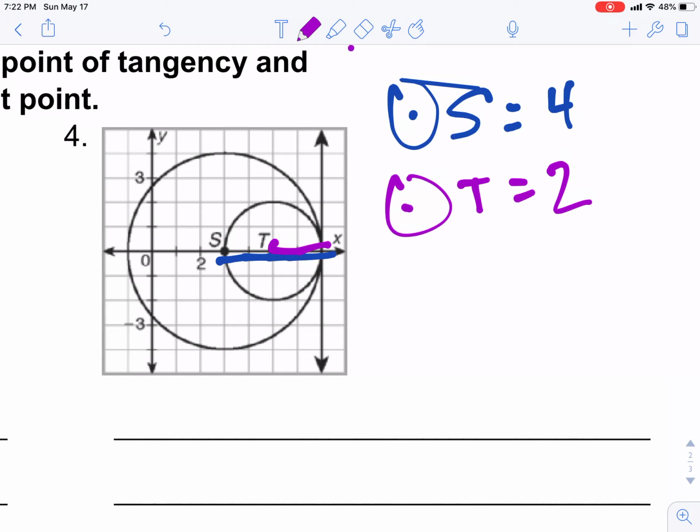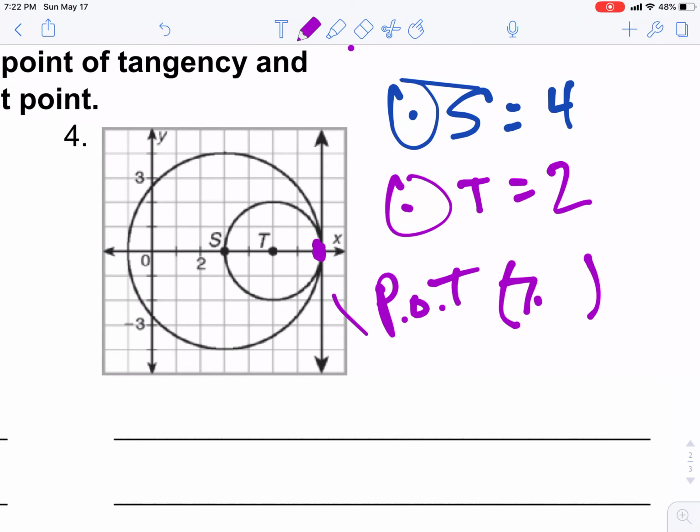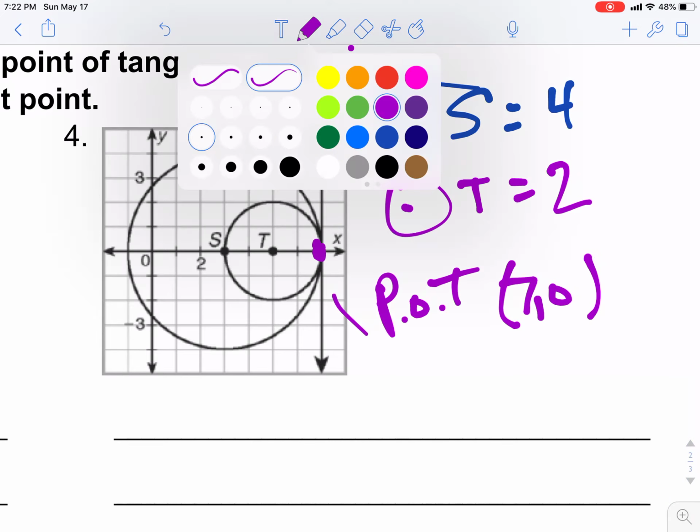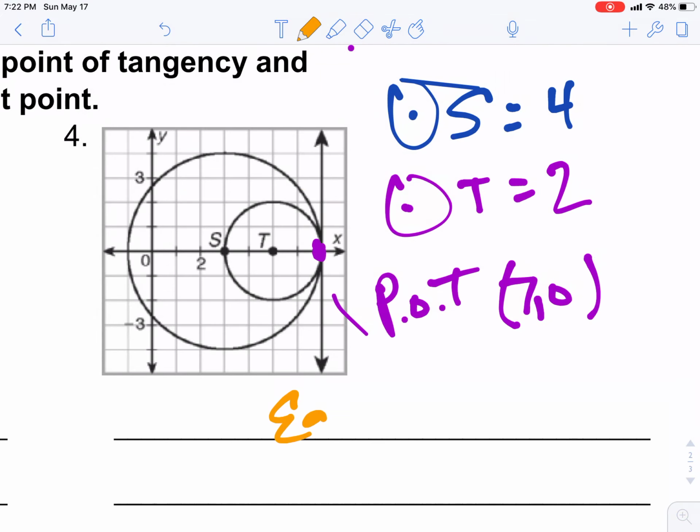All right, point of tangency is right here. So we'll call that point of tangency at the point (7, 0). And the equation for the tangent: since this is a vertical line going straight up and down, and it crosses the x-axis, that's going to be the equation x equals, and it crosses at 7.